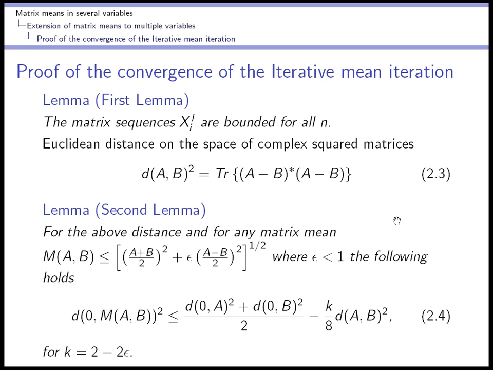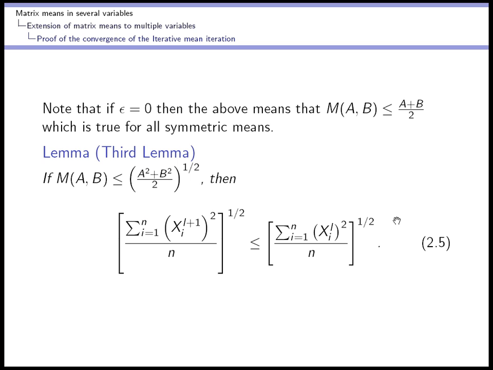And we show that these subsequences are converging, their distances from one another are converging to 0. And after that, we show that every subsequence has the same limit point. Therefore, the main sequences should be convergent. So the proof is based on this idea.